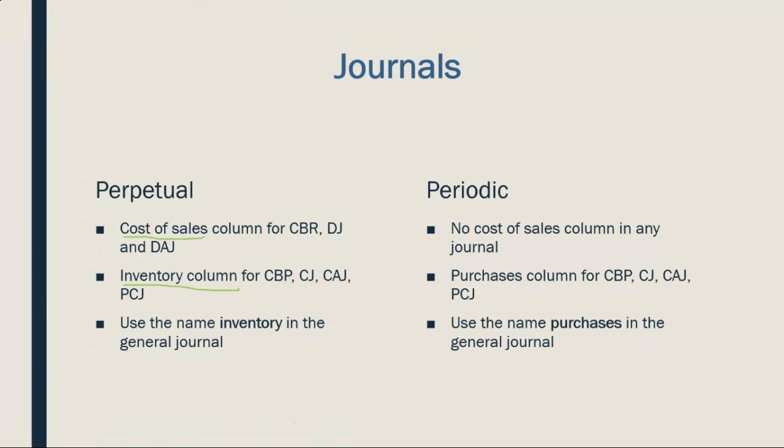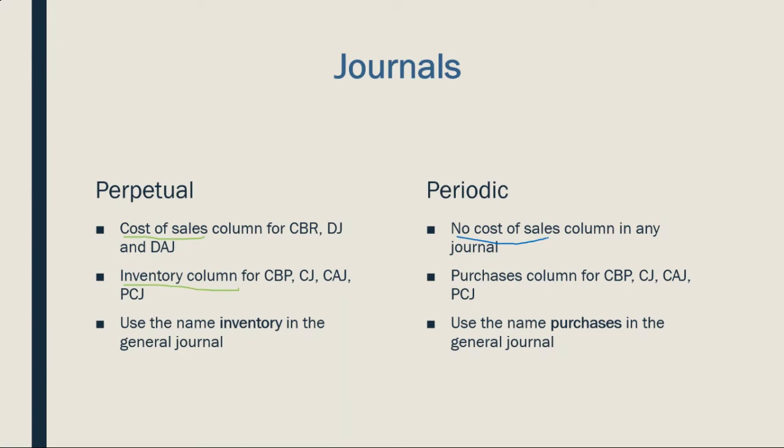Under the periodic, however, there is no cost of sales column at all in the CBR, DJ, DAJ columns, because we do not account for the cost of sales during the year.